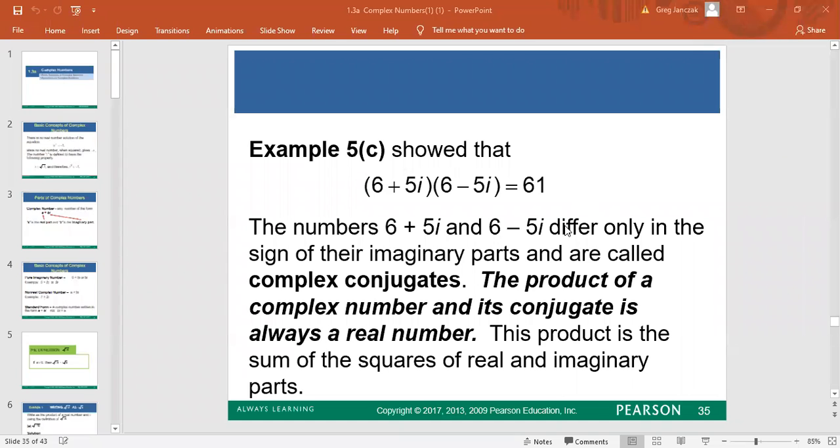Okay, so we have what we call the complex conjugate. The conjugate is basically the same numbers. The only difference is the sign. One is plus and the other one's a minus in between them, or one's a minus and the other one's a plus.